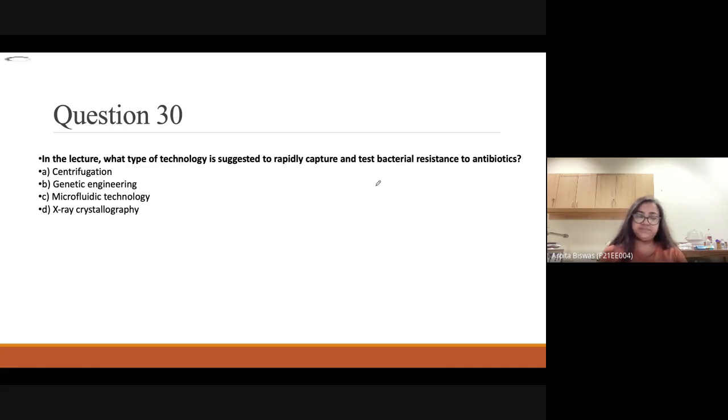So find out the right answer. So microfluidic technology is the right answer, option C.